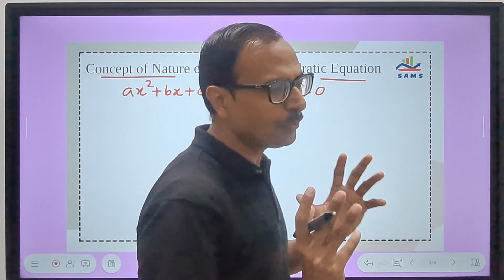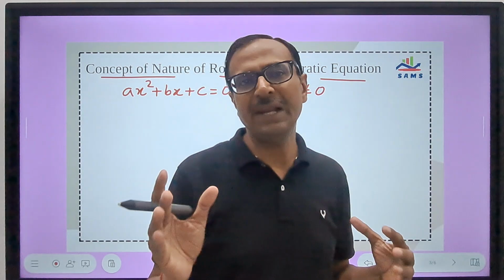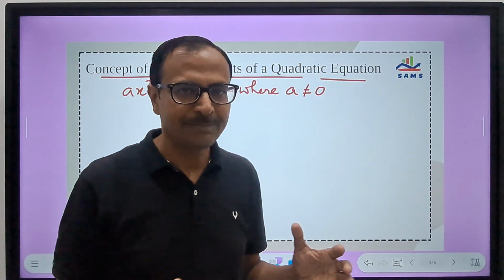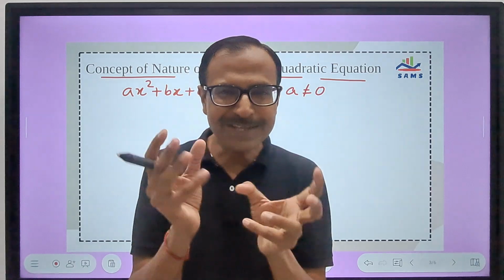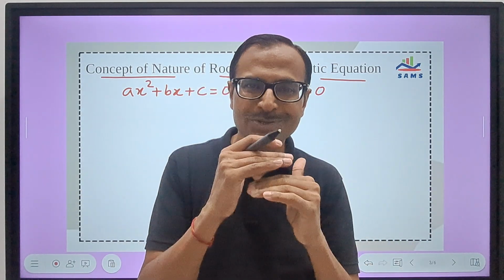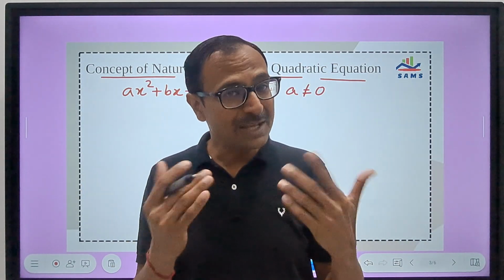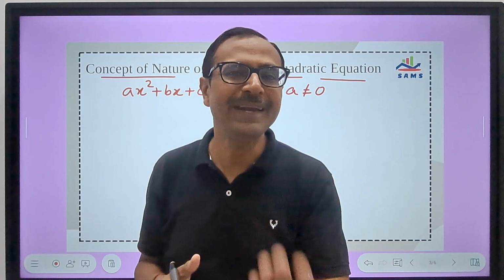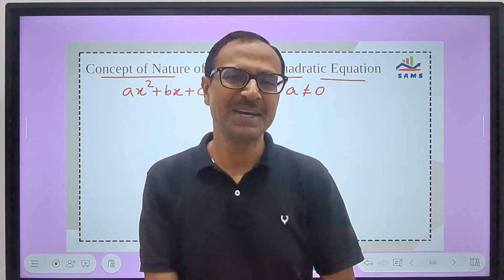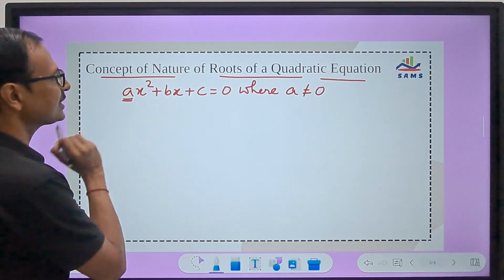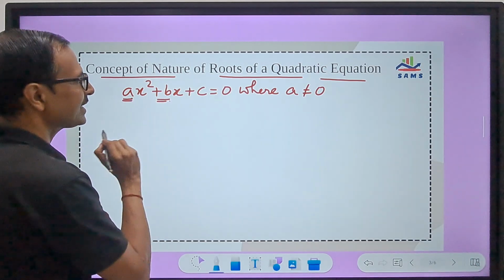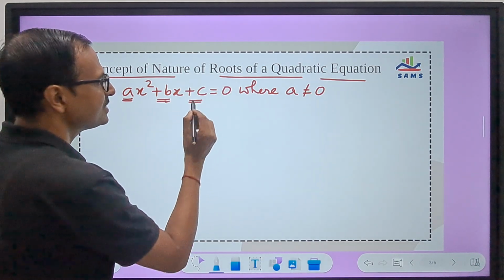Now, how do we decide what type of roots a quadratic equation will have? Everything depends on a quantity which discriminates the types of roots, the nature of roots, and therefore it is known as the discriminant, because it discriminates. So what is that discriminant? Here the coefficient of x square is a, the coefficient of x is b, and the constant term is c.